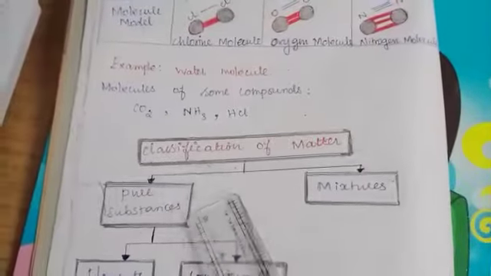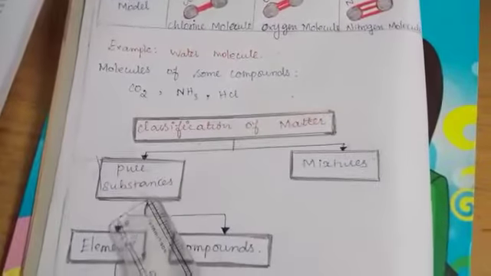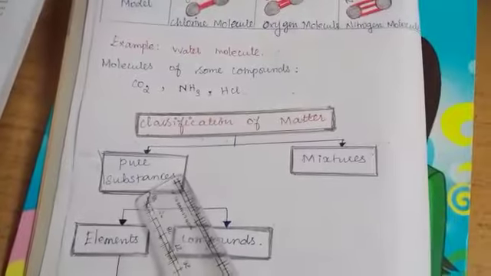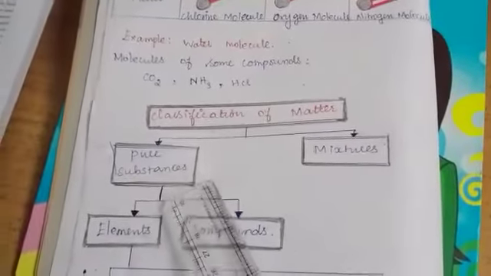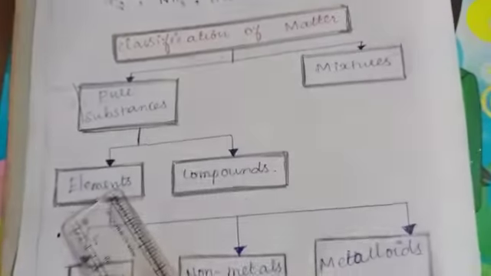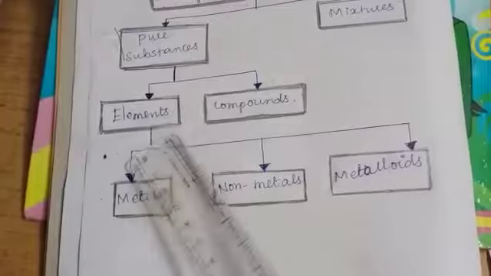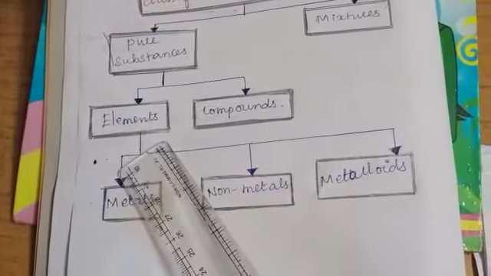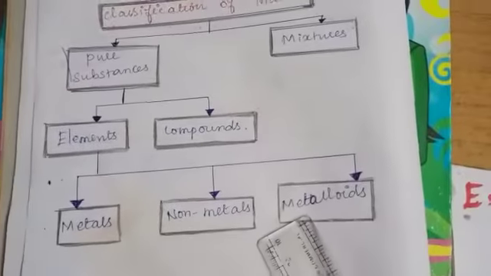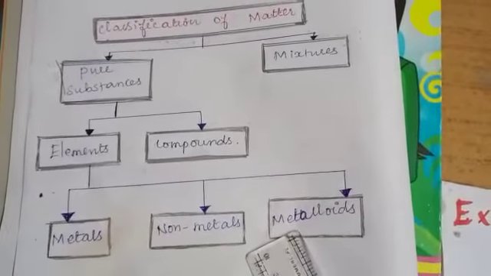Matter is classified into two broad categories, namely pure substances and mixtures. Pure substances are further divided into elements and compounds. We can classify the elements broadly into metals, non-metals and metalloids based upon their chemical properties.